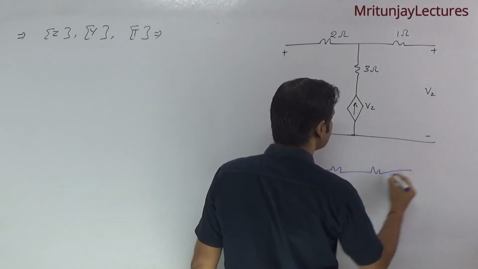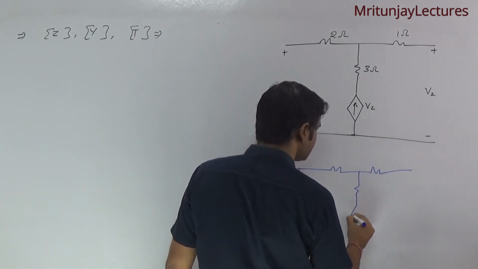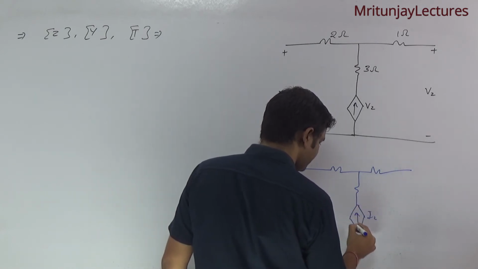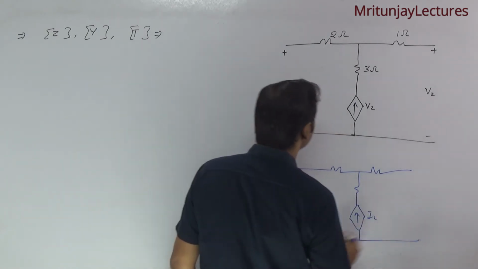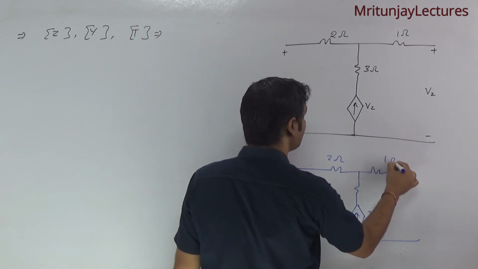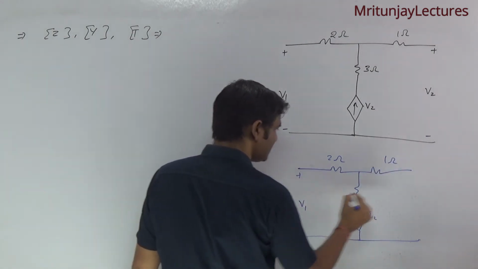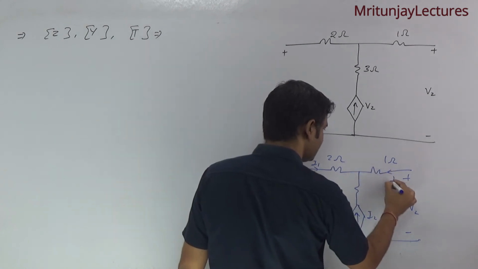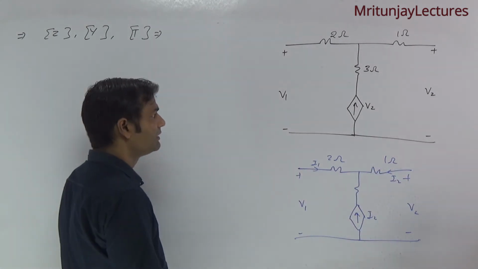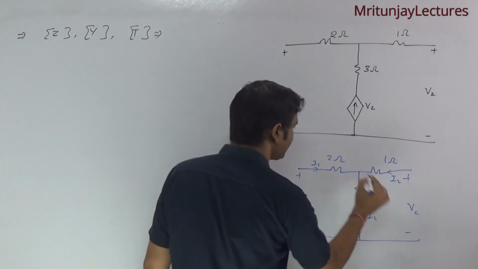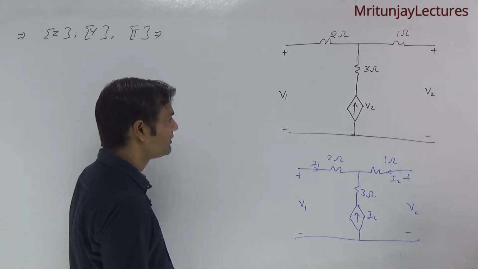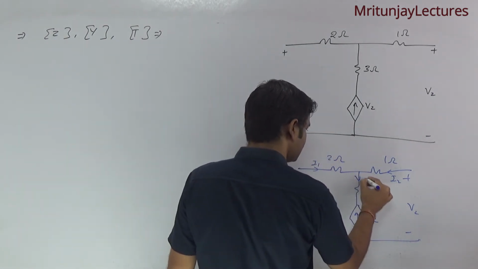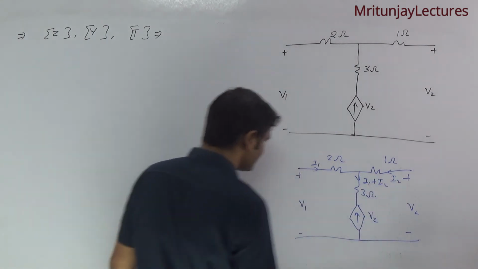This is the I2 current, and that is 2 ohm, 1 ohm, plus minus V1, plus minus V2, and that is the I1 current, and here the I2 current. And that is 3 ohm. Clear? And that is V2, I1 plus I2.